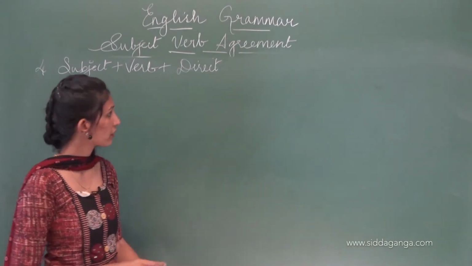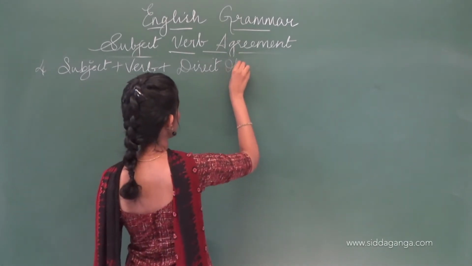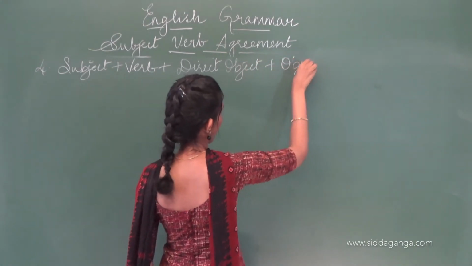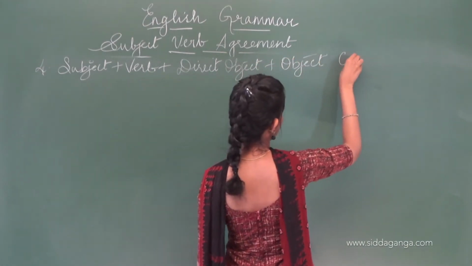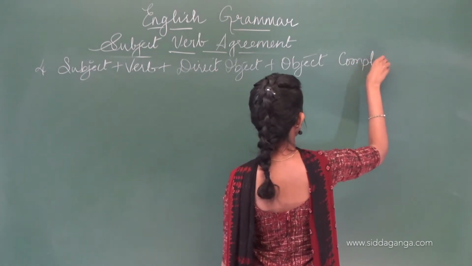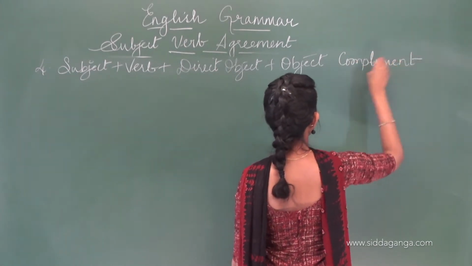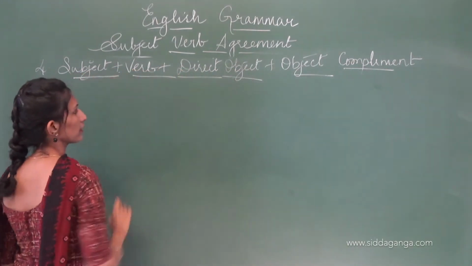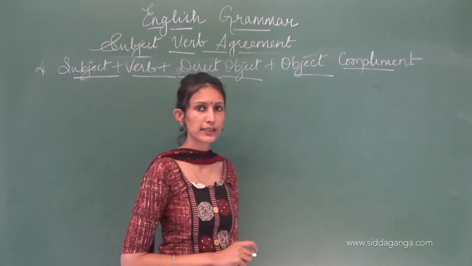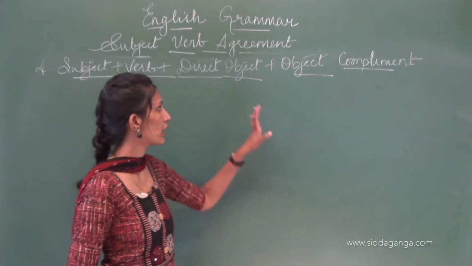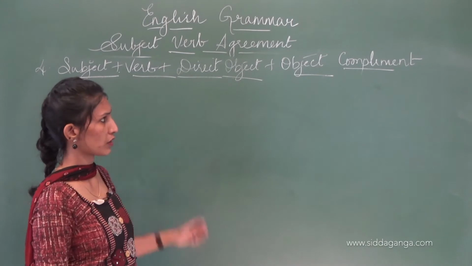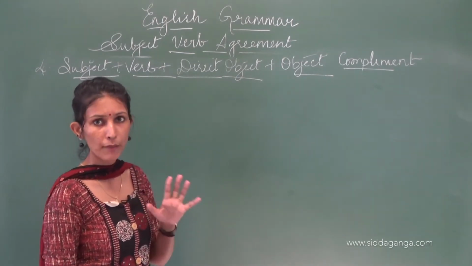Direct object and object complement. So S plus V plus DO plus OC. Okay, that is subject plus verb plus direct object plus object complement.